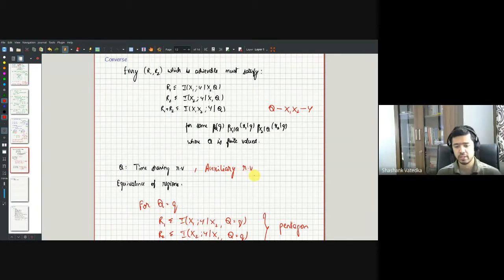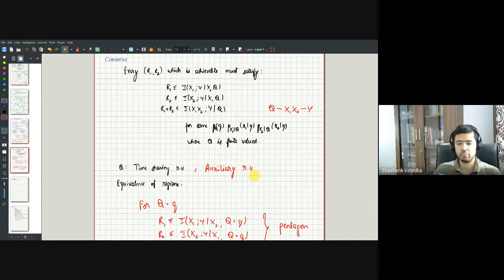It is also called, in the information theory literature, an auxiliary random variable. So it's an auxiliary random variable, and it is just a convenient description of the capacity region, because it lets us describe convex combinations of rate pairs, which you could otherwise not do. So when I described the achievable rate region, I said that it's a convex combination of pentagons, and there is no neat way of writing it in terms of inequalities.